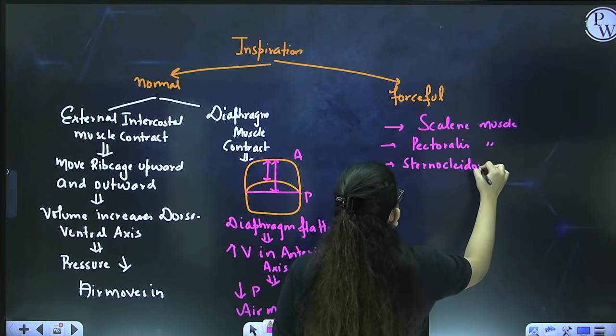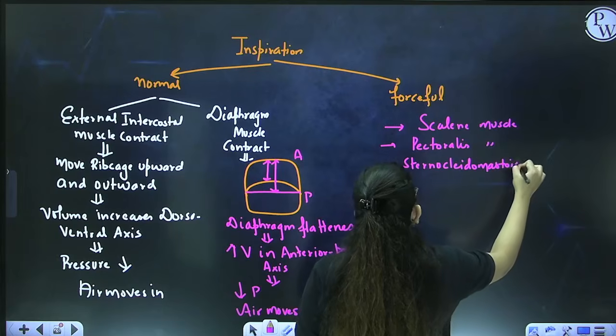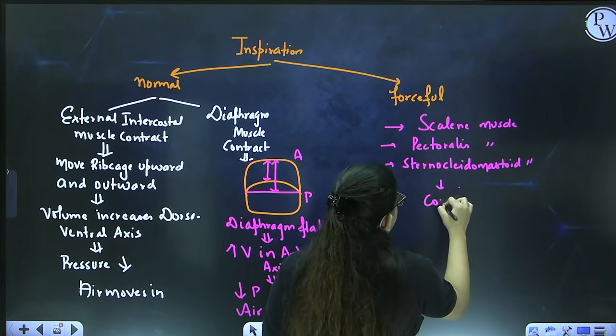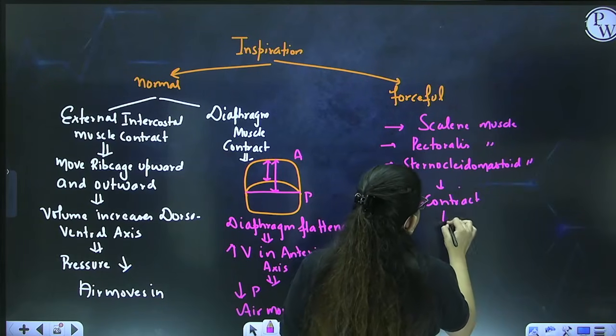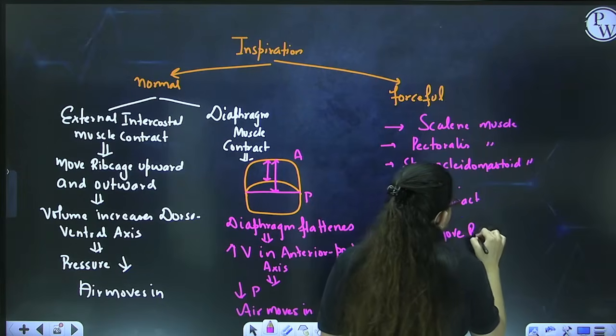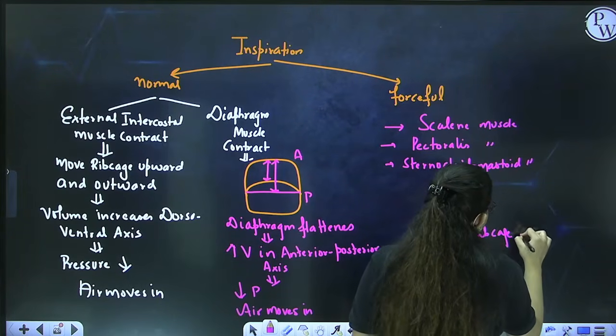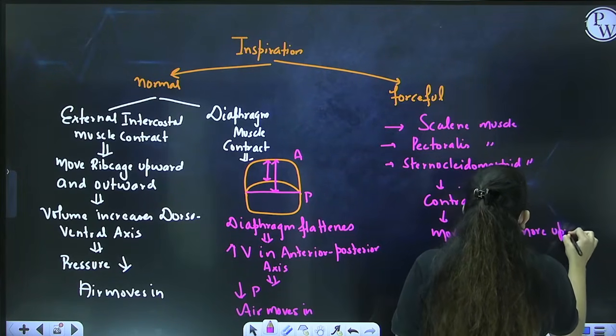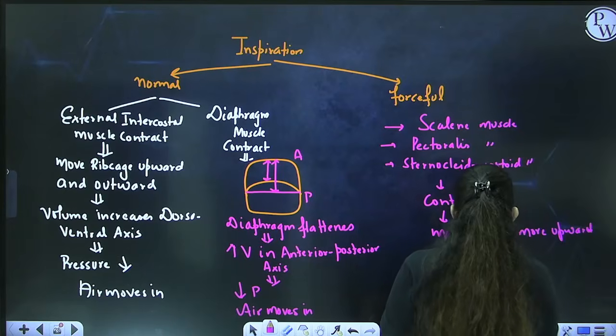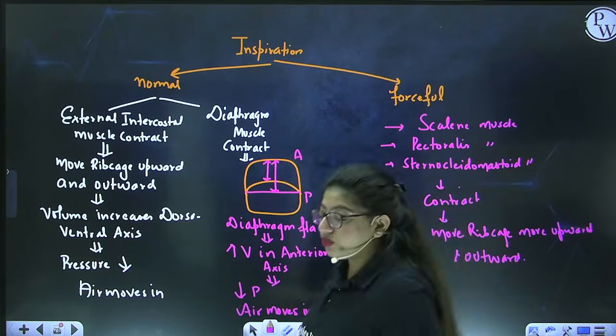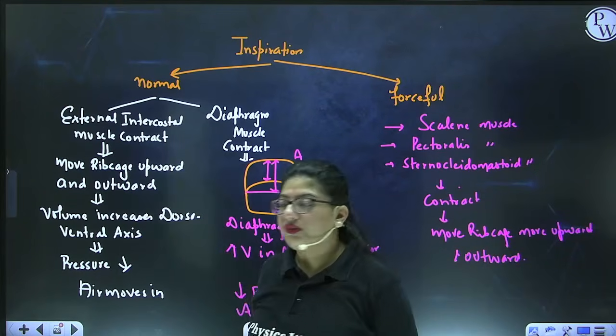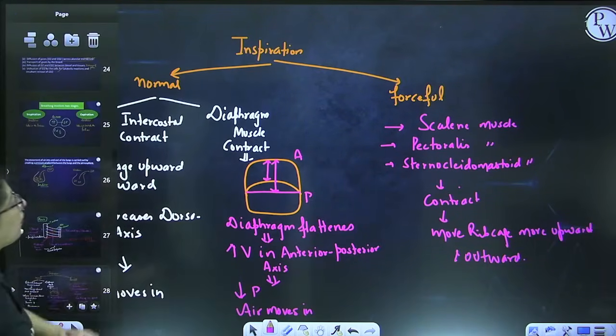So when these muscles contract, they will move the rib cage more upward and outward. Fine, guys. So that's about your inspiration.